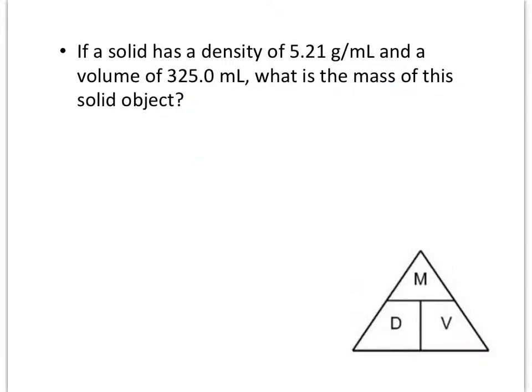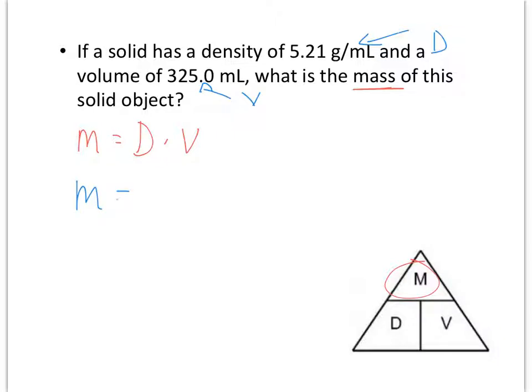If a solid has a density of 5.21 grams per milliliter and a volume of 325.0 milliliters, what is the mass of the solid object? Okay, so I'm solving for mass, which means I need to do density times volume mathematically. So I am given the density and the volume, so I just need to plug these numbers into my equation.